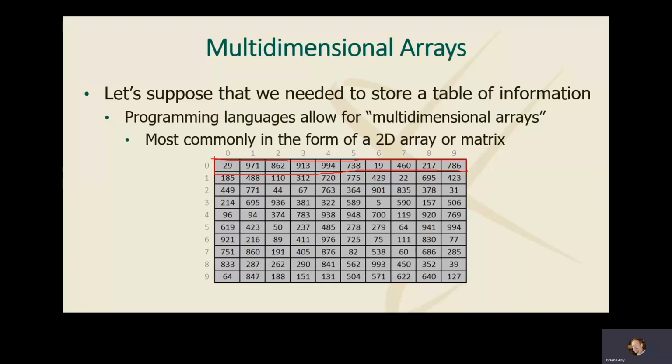Second dimension defines the column, right? And you can see that conceptually numbering starts at 0, 0 in the upper left and expands down into the right.